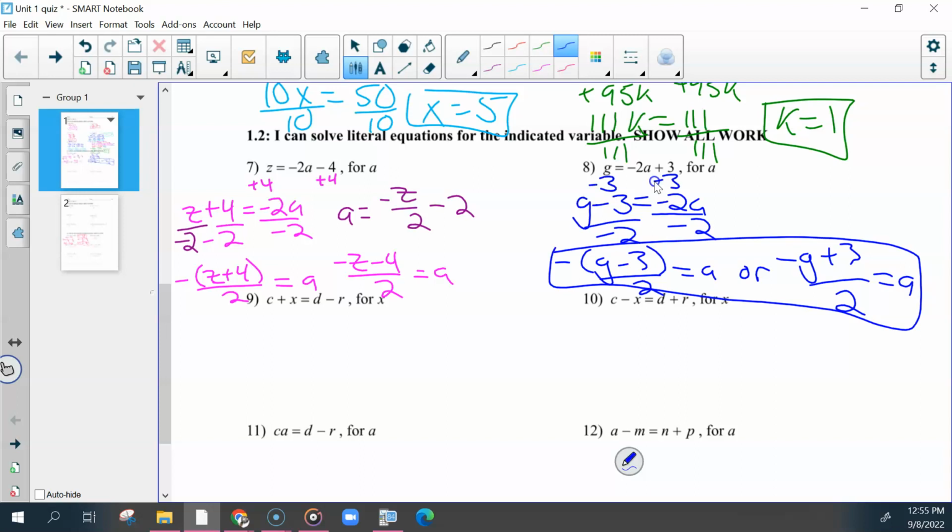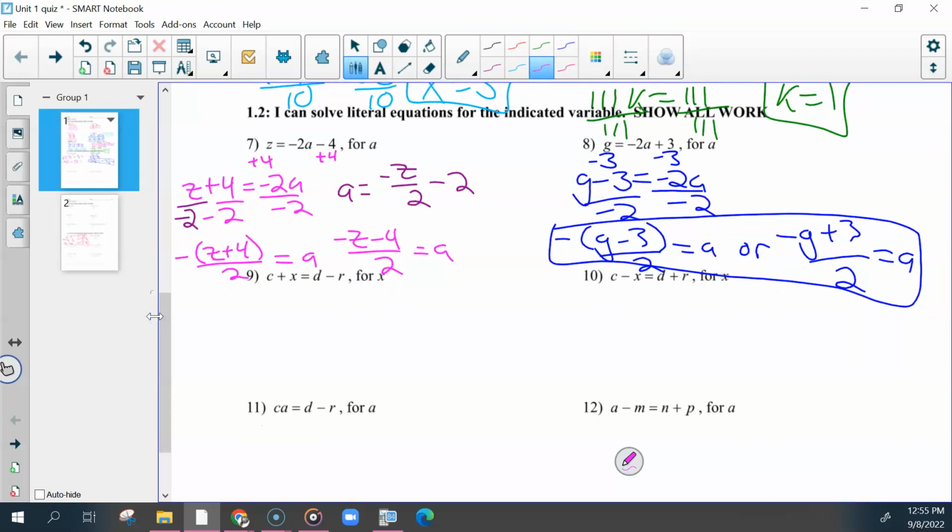All the other ones will go much faster because there weren't as many steps. For 9, we needed to get x by itself. The only thing around x is c, so we could subtract c to the other side, not to d and negative r, just to the other side in general. And you're left with x equals d minus r minus c, and that'd be your answer.